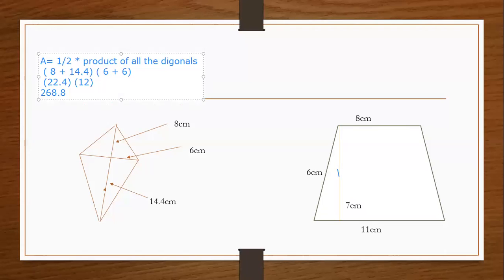Now, we are not done. The formula says half of the product of the diagonals. Therefore, we have already found the product of the diagonals. All we need to do is divide it by 2. That will give us half of that. So the area will be equal to that in centimeters squared. Well done. Any question?